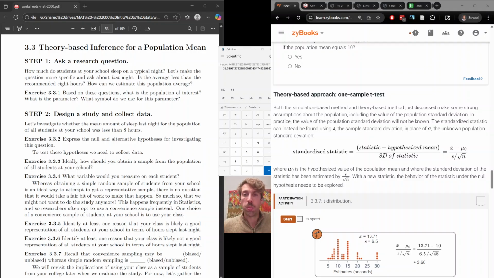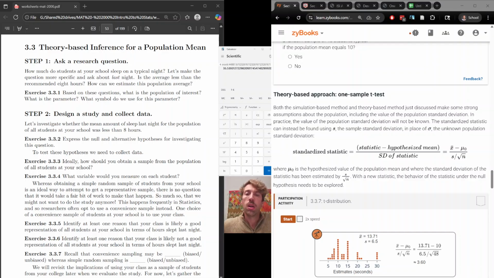And review of null and alternative hypotheses. And then we're introduced to this new concept called the standardized statistic, which is going to be your statistic minus the hypothesized, so the number from the null hypothesis, and then divided by the standard deviation of the statistic, which will be the standard deviation of your sample divided by square root of n.